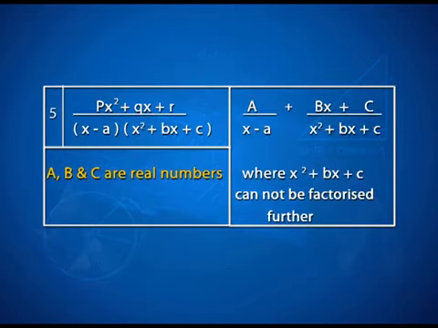Fifth, (px square plus qx plus r) upon (x minus a) into (x square plus bx plus c) can be expressed as A upon (x minus a) plus (Bx plus C) upon (x square plus bx plus c), where x square plus bx plus c cannot be factorized further and A, B and C are real numbers.